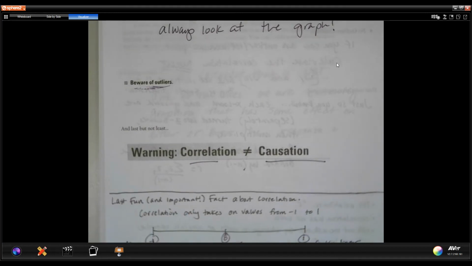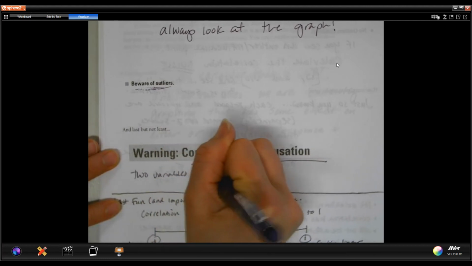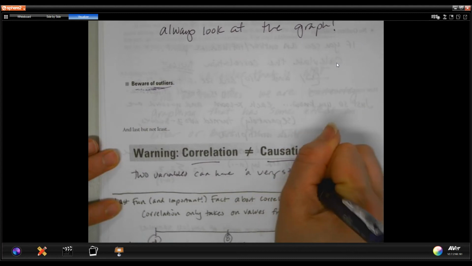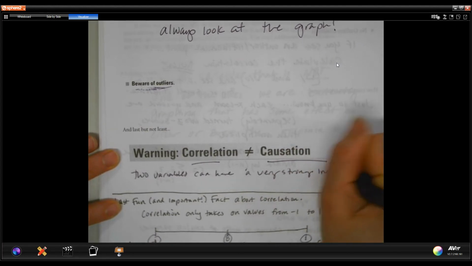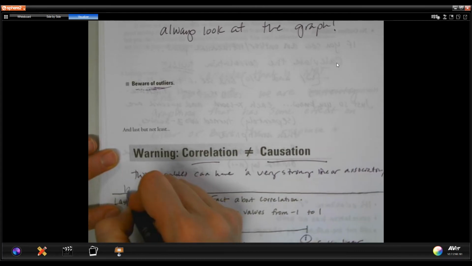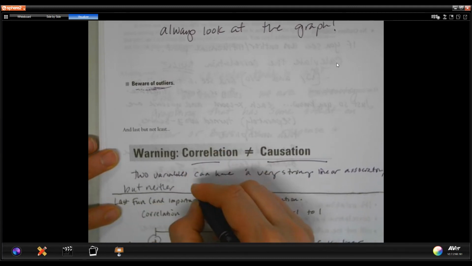I'm going to write a sentence here, actually. Two variables can have a very strong linear association, but neither is the cause.